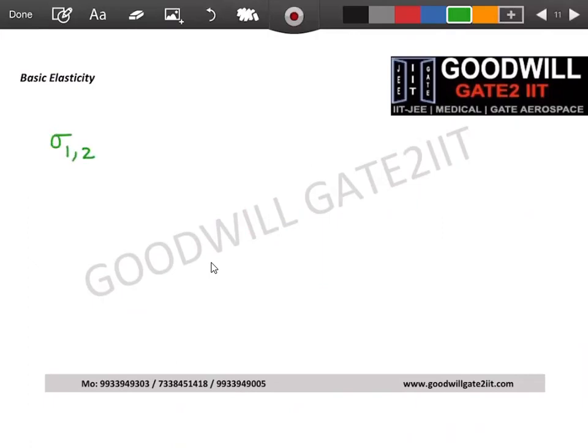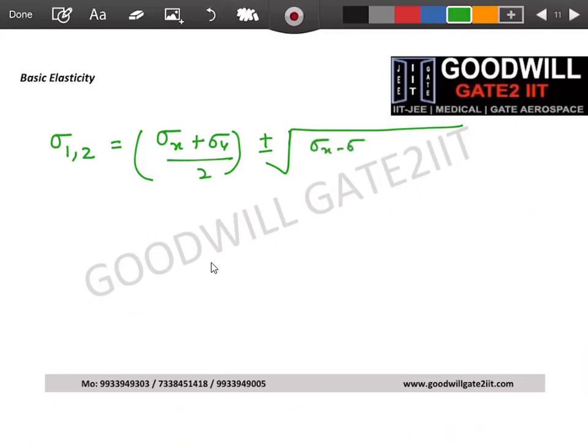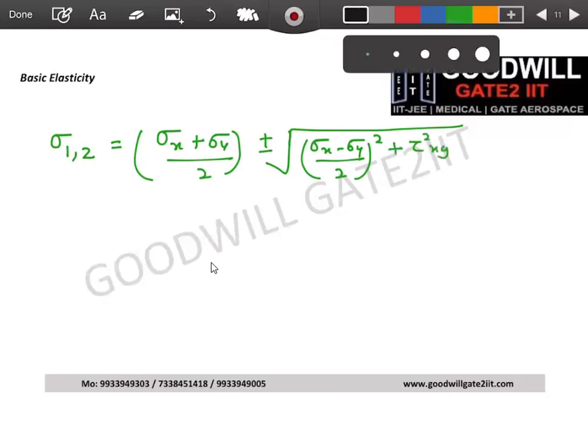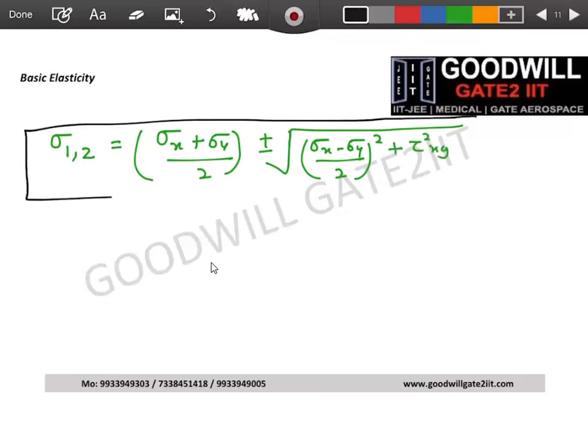Whenever your tau is 0, the stresses will be denoted as sigma 1, sigma 2, equals sigma x plus sigma y divided by 2, plus minus under root, sigma x minus sigma y divided by 2 whole square plus tau xy square. The best formula in structures to calculate principal stresses.